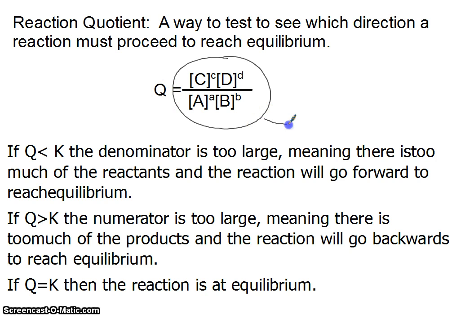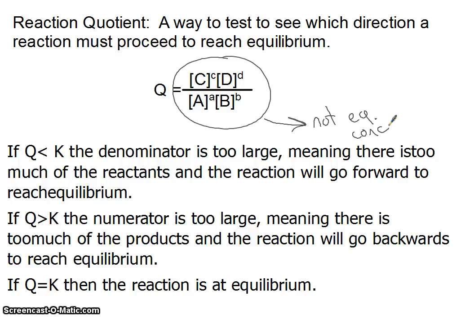When it's Q, these are not equilibrium concentrations. They're just arbitrary concentrations. If I find that Q is less than the equilibrium constant, that means I have way too much reactants and not enough products, and so the reaction has to go forward to reach equilibrium.